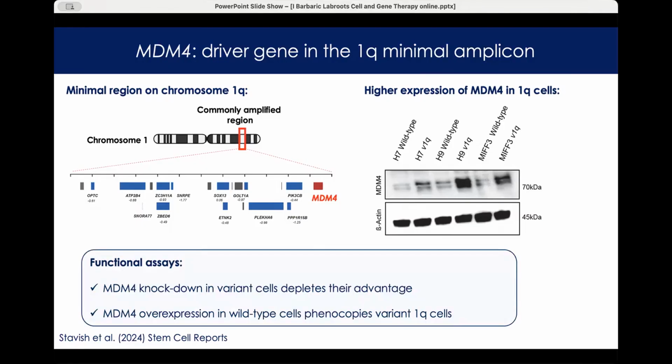We performed functional analysis doing knockdown in variant cells and saw that this indeed depletes their advantage, and conversely MDM4 overexpression in wild-type cells exactly phenocopied variant 1q cells. So we're quite satisfied by this, that really MDM4 on chromosome 1q is the driver gene that provides pluripotent stem cells with selective growth advantage in feeder-free conditions.